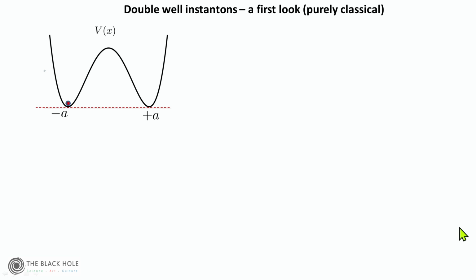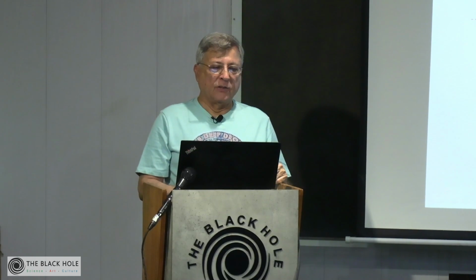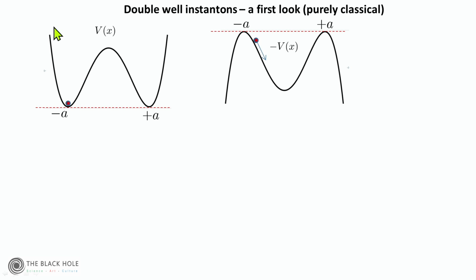Okay, so now let me come to imaginary time and double well instantons, and this is going to be purely classical at the beginning. So here's v of x, here's minus v of x. See, there is a particle which was confined to this position over here, or confined to this position over here.